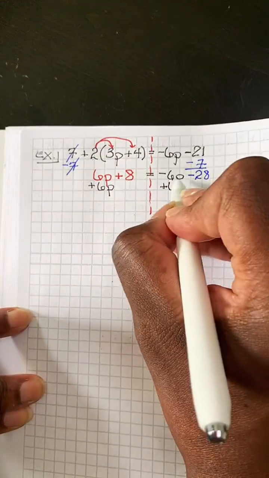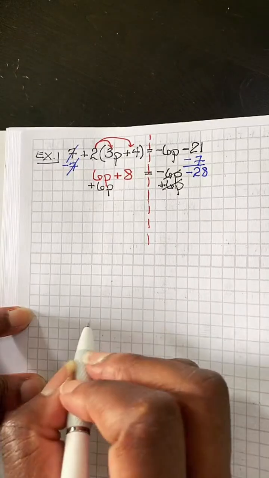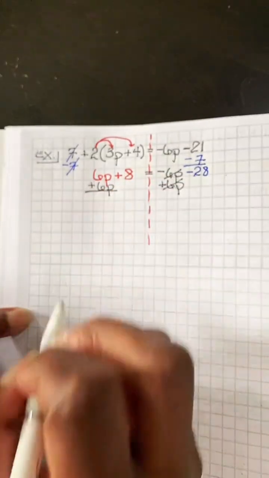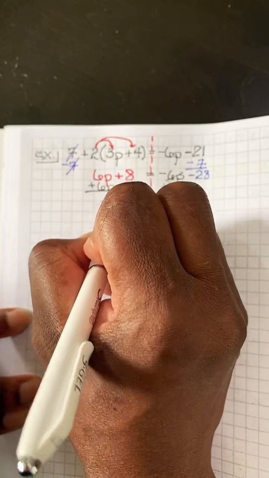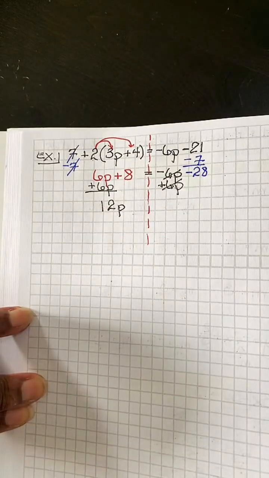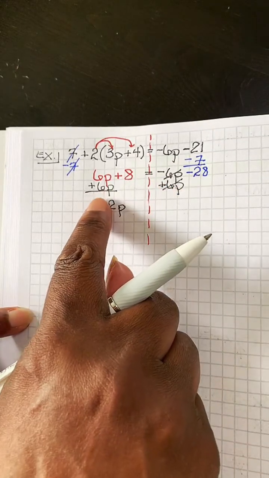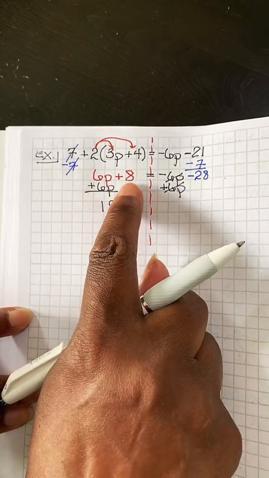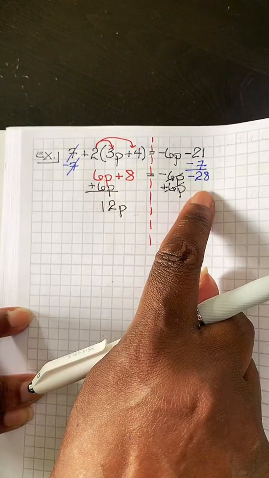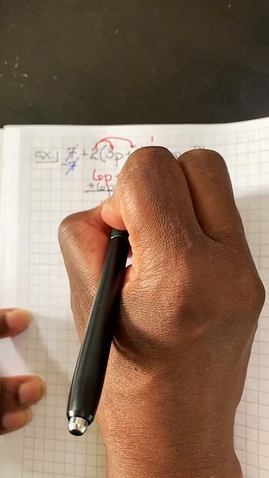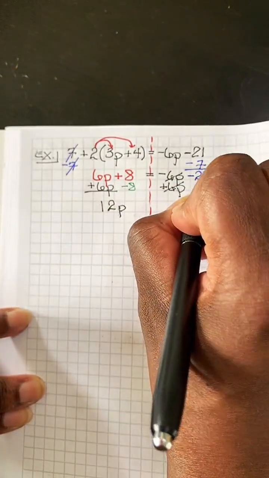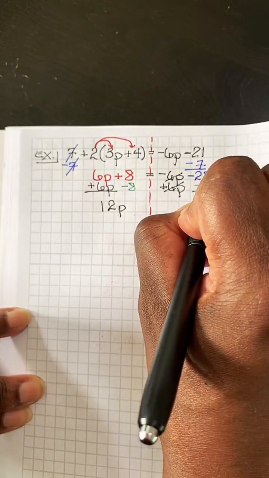Okay, so when I add the 6p on both sides, I don't get a 0. I get a 12p. And if I'm bringing my p's over here, that means this 8 needs to go over there. So why don't I just subtract the 8 on the other side?